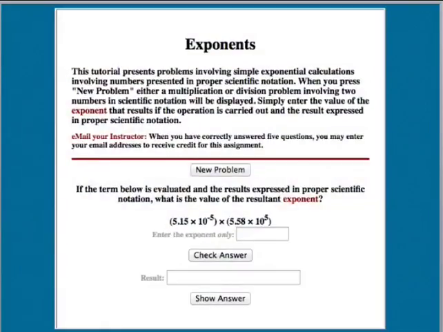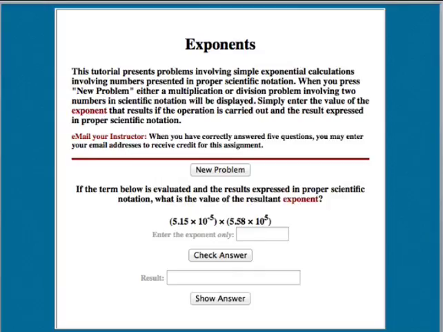This is another tutorial that I'd like you to look at called exponents. Once we have numbers in scientific notation, quite often we're going to use these when we work problems. So we'll be multiplying and dividing them. The rules are actually very simple.